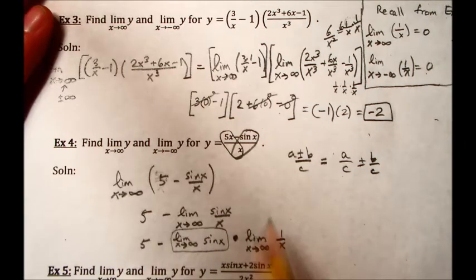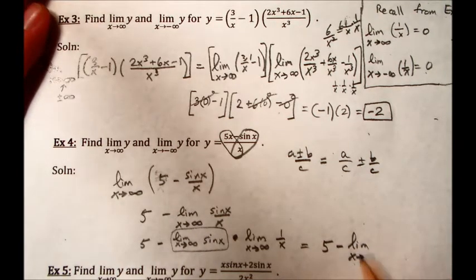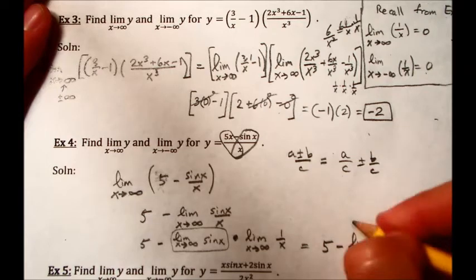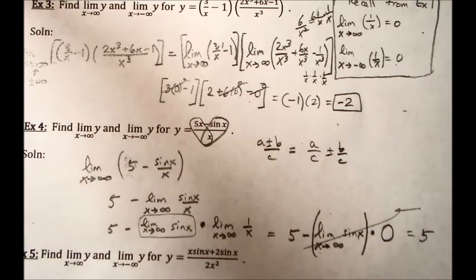This is 0. So it's definitely 5 minus, and then that. So regardless of what that is, this whole part is 0, leaving us with the answer 5.